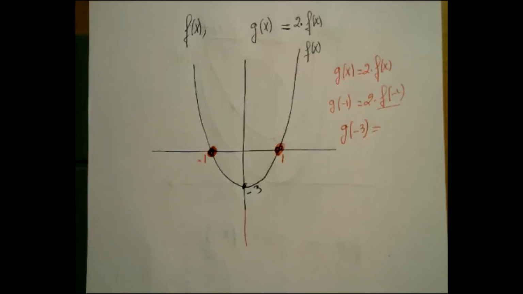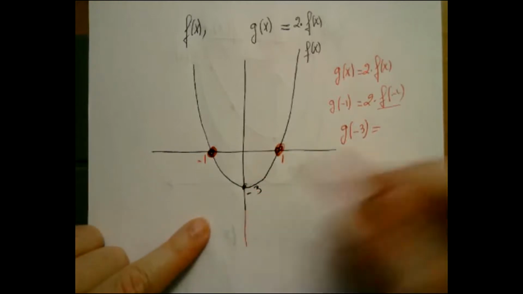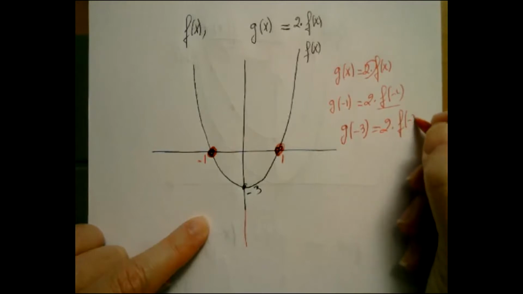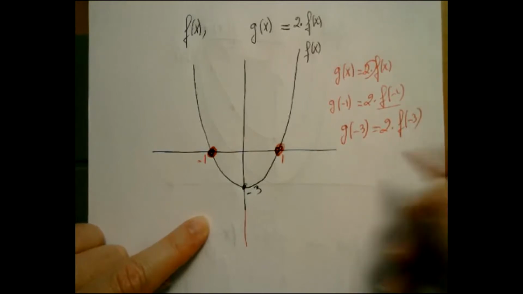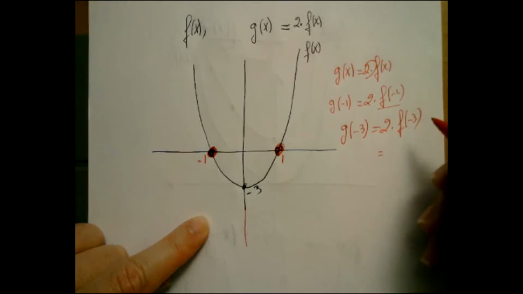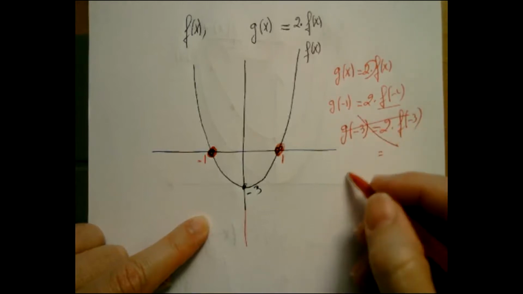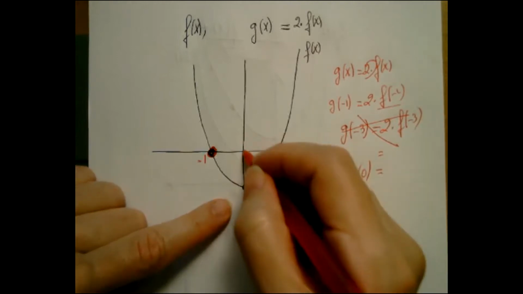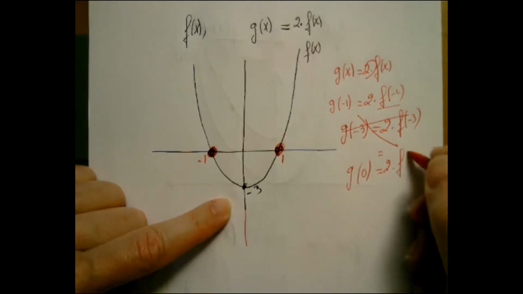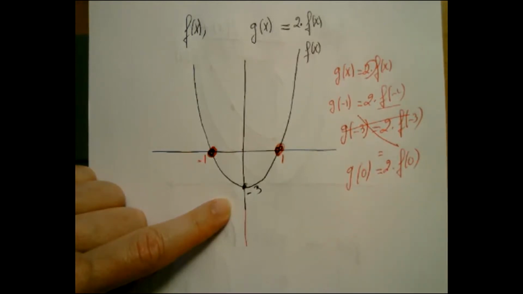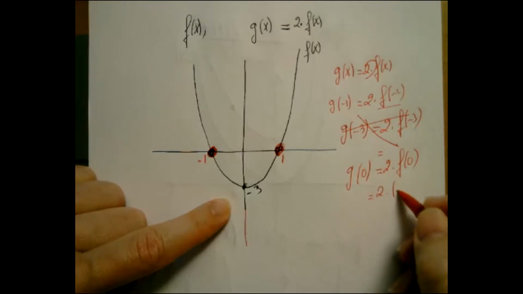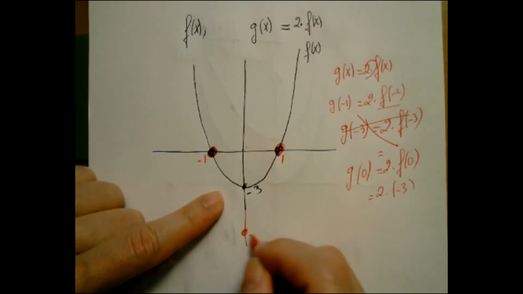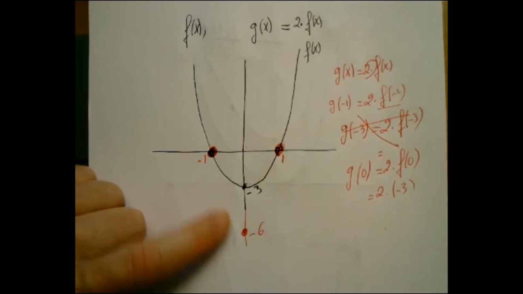It's whatever f does at 0 times 2. What does f do at 0? Minus 3. So whatever g does at 0 is multiplied by 2, giving minus 6. So my new function will take this value.